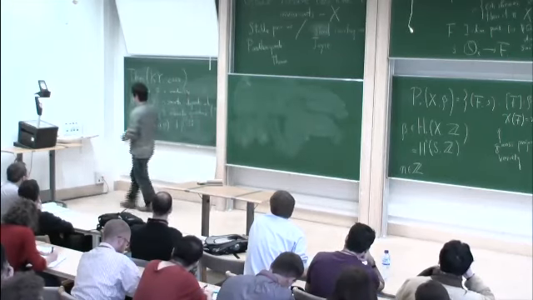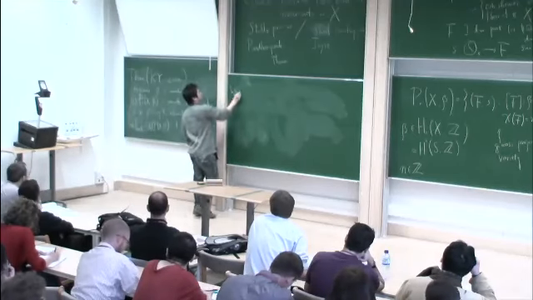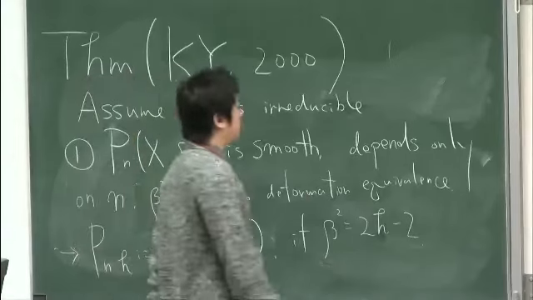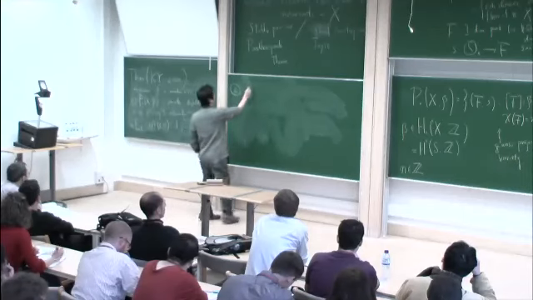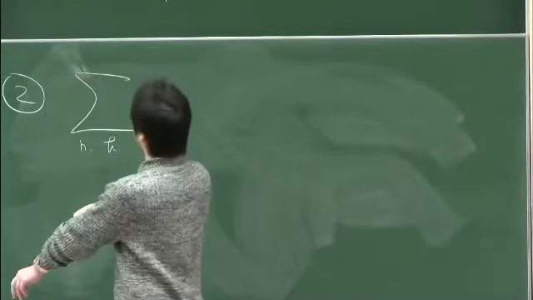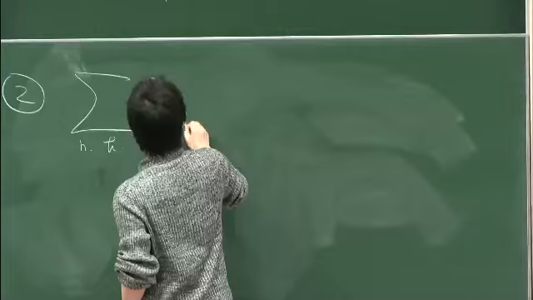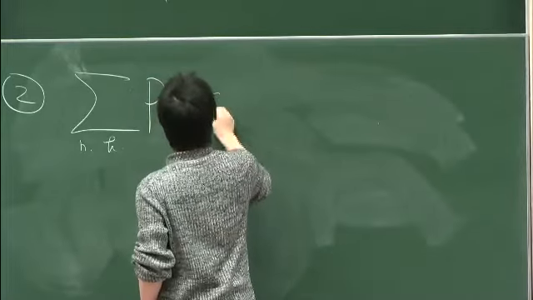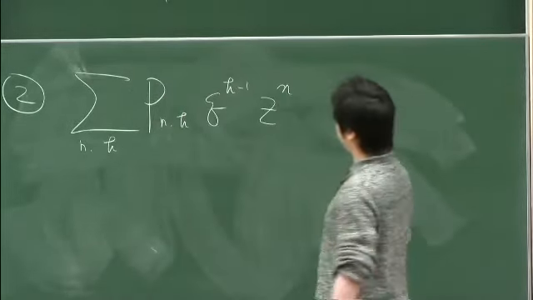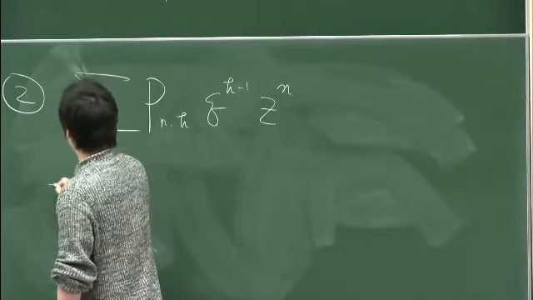The other statement is that if you form a generating function of this invariant, sum of P_n,h times y^n q^(h-1), then this generating function can be written in this way.